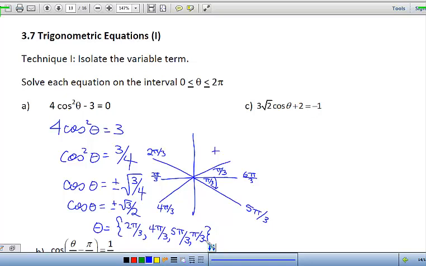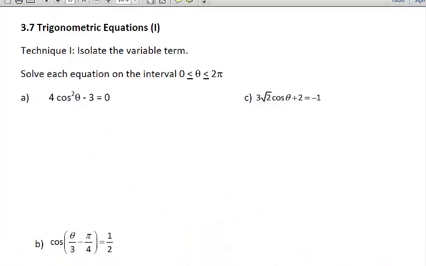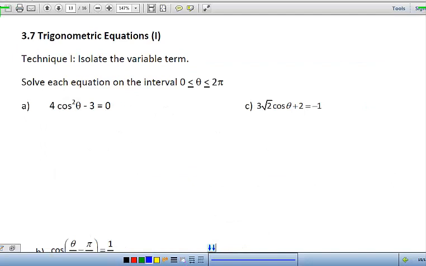Okay, let's look at C. We'll come back to B. We've got 3 root 2 times cosine theta. First thing I'm going to do is subtract 2 from both sides.